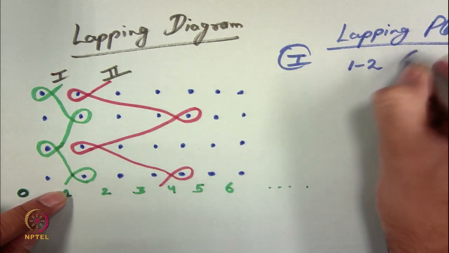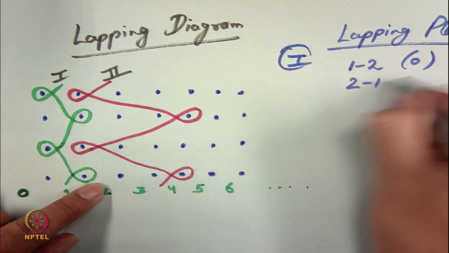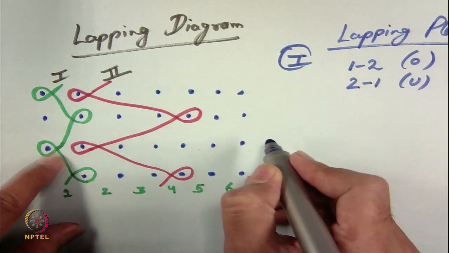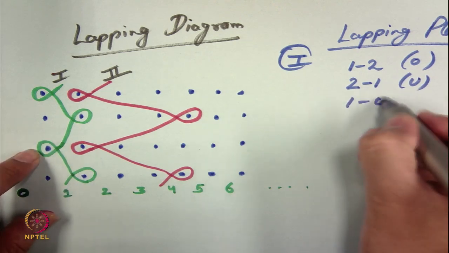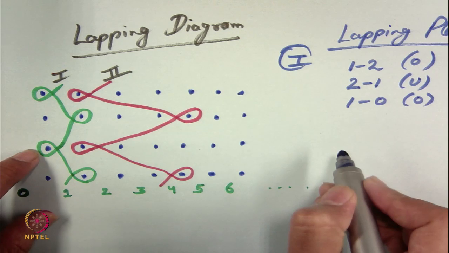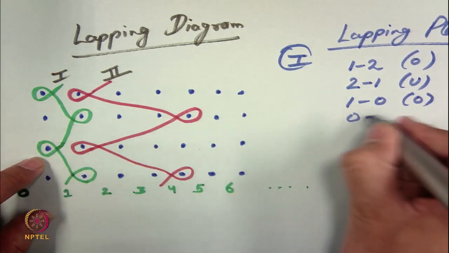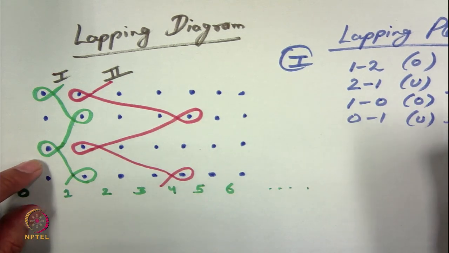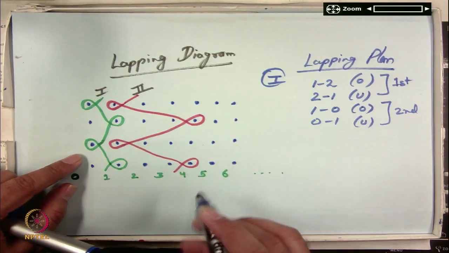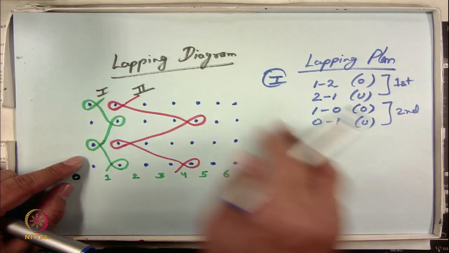So, 1 to 2 is the overlap, and from 2 to 1 is underlap, and after that from 1 to 0 is again overlap, and from 0 to 1 is underlap. So, this is for the second course and this is for the first course, right. And you can simply represent all of these numbers in a sequence.